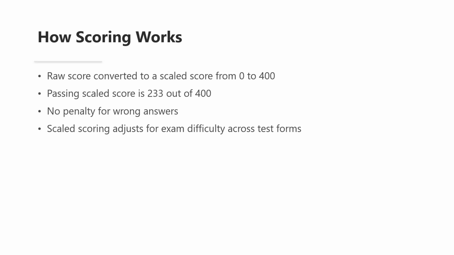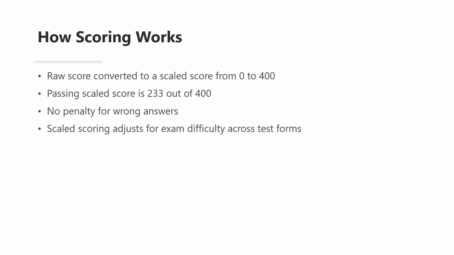There is absolutely no penalty for incorrect answers. Your score is based only on the number of correct responses. This means you should always answer every question, even if you have to make an educated guess. Leaving a question blank guarantees 0 points, while guessing gives you at least a 1 in 4 chance of earning a point.